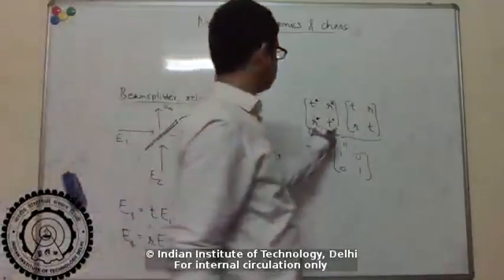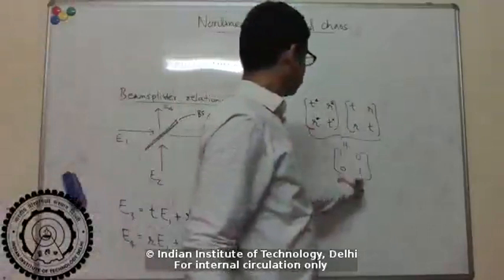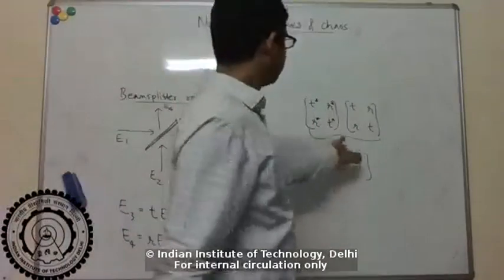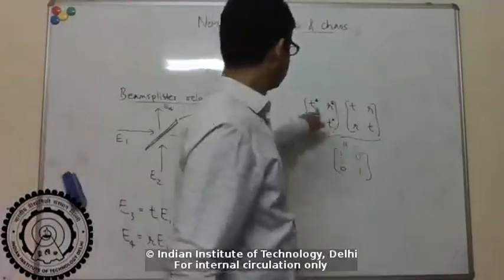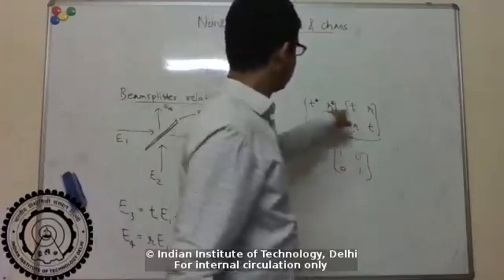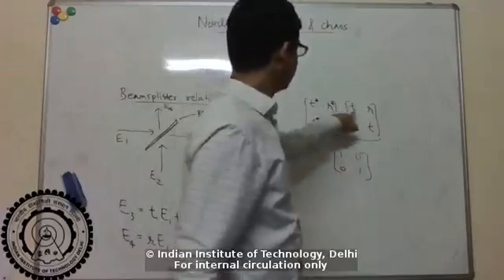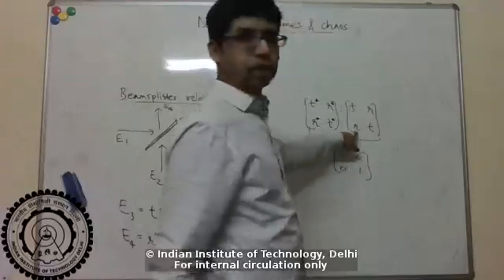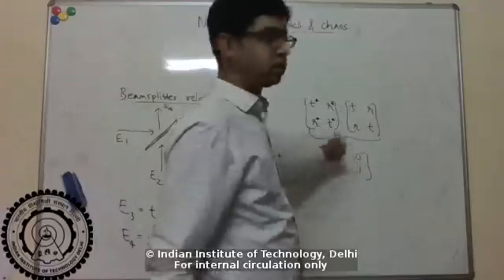Okay, so now the product of these two should give this. So we can just go element by element. So the first element here would be T conjugate T plus R conjugate R should be equal to 1. Right?